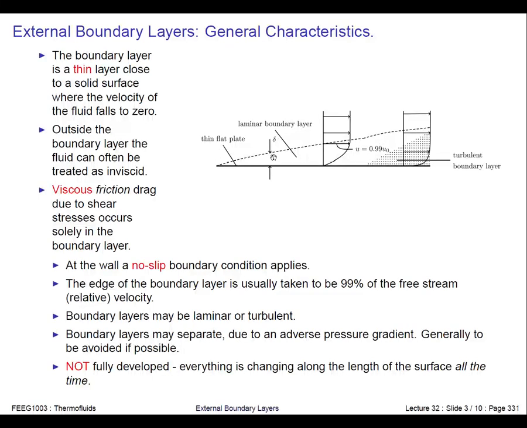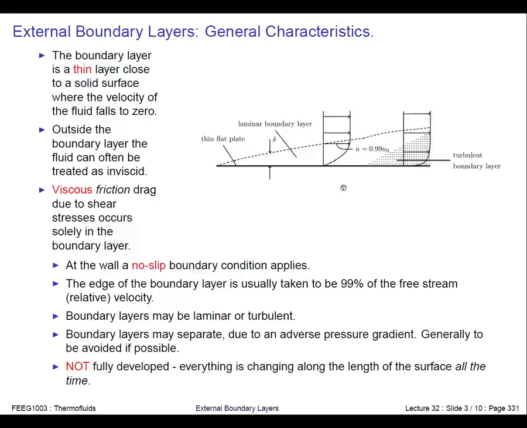So let's say it's 99% of the free stream velocity, and we know we've got to get from the free stream velocity to zero across this boundary layer. This gives us an idea that this region here has quite a high shear stress, quite a high rate of change of velocity near the surface, and as the boundary layer thickens, the shear stress goes down, and then you get the transition to turbulence, and then the boundary layer changes shape. So this is the laminar boundary layer shape, and this is a better approximation of the turbulent boundary layer. And the turbulent stresses change this boundary layer shape.